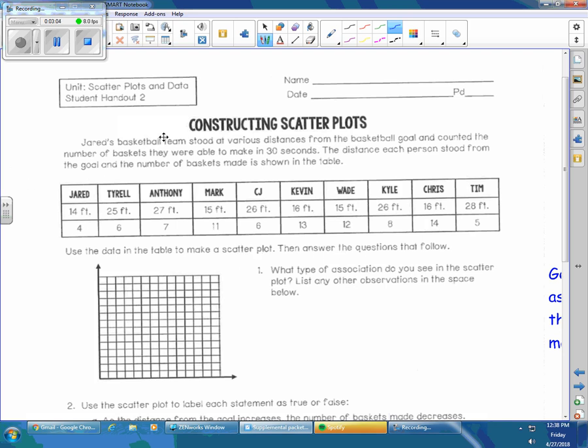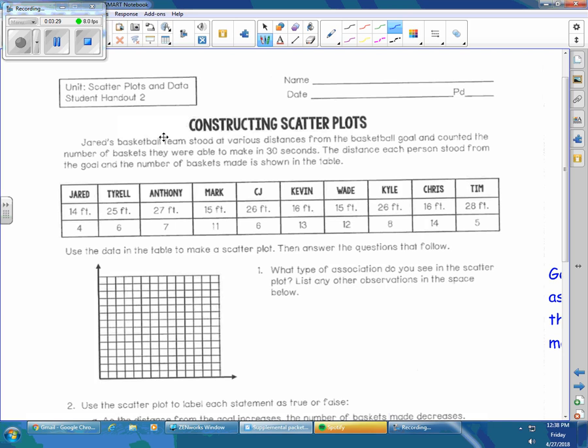So now that we've talked a little bit about dependent and independent, which of these variables, the distance or the number of baskets sunk, is dependent upon the other one? So let's think about this. If I'm shooting baskets, am I going to be more accurate generally if I'm closer, and I'm going to be able to shoot more into the goal if I'm closer or if I'm farther?